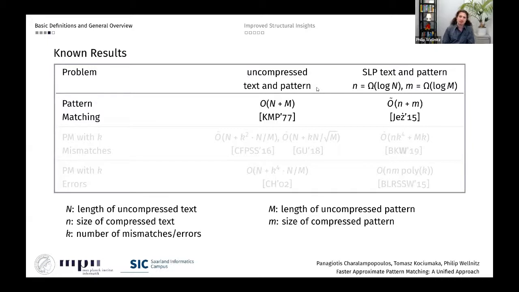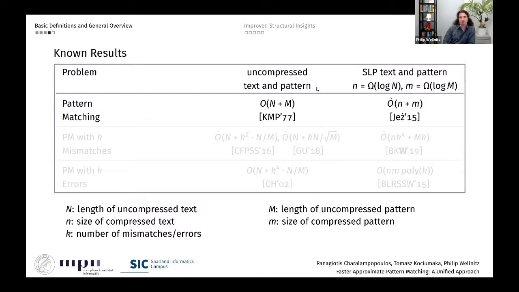Quite surprisingly, Jeż showed in 2015 that also for the fully compressed setting, where both text and pattern are given as an SLP, one can do so in linear time in the compressed size of text and pattern. This hides some logarithmic factors in the uncompressed length, though. Okay, so for exact pattern matching, the situation is pretty good so far.